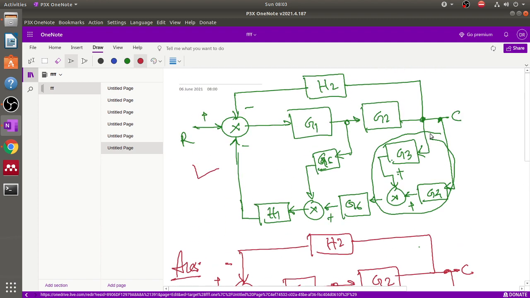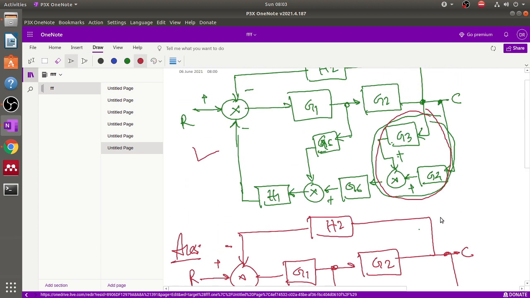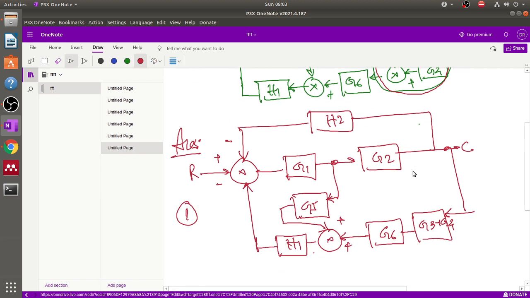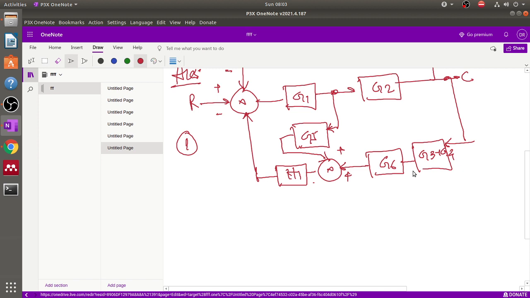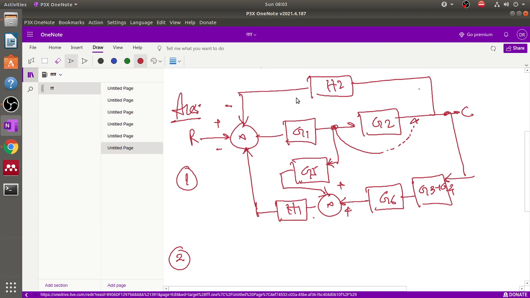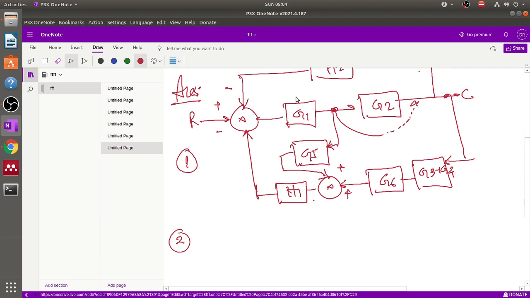So just see that we first replace this block in a parallel rule, G3 plus G4. So this is very easy. Now in the second step, what we'll do is shift this takeoff point from here to here. Students, please note down, otherwise you cannot recognize the appropriate point for the modification of these blocks.